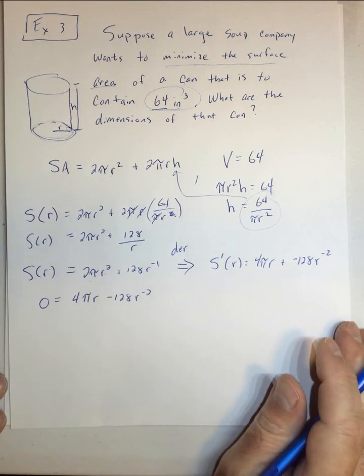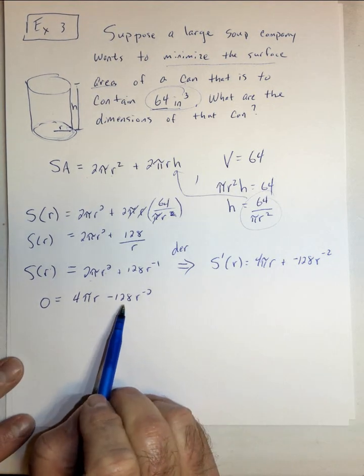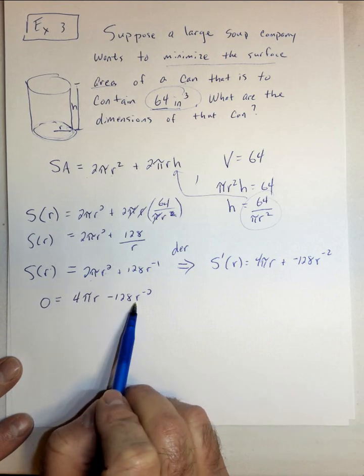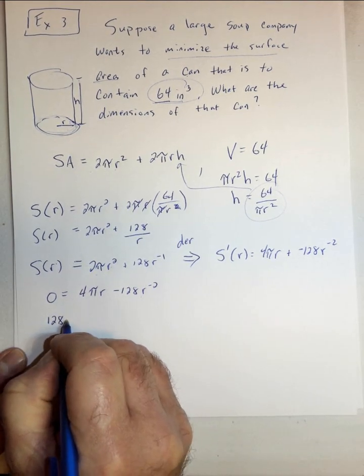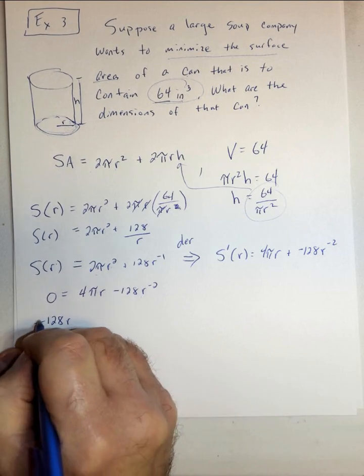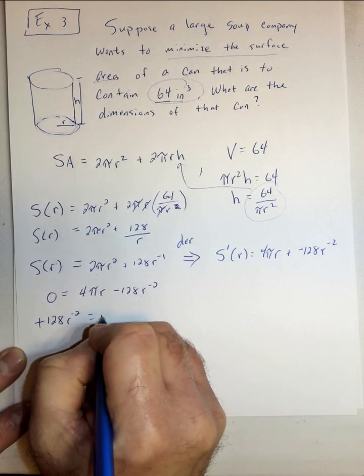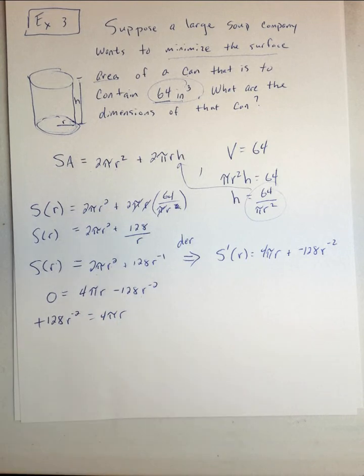And then I'm going to take this to the other side. So I have 128 r to the negative 2 equals 4 pi r.